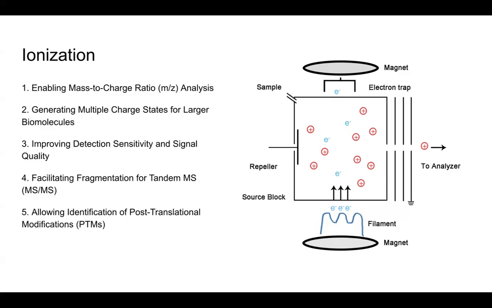The second importance of ionization is the ability of ionization to generate multiple charge states for larger biomolecules. So for larger peptides and proteins, multiple charges can be given or imparted to them through ionization methods like yung ESI, so electrospray ionization.